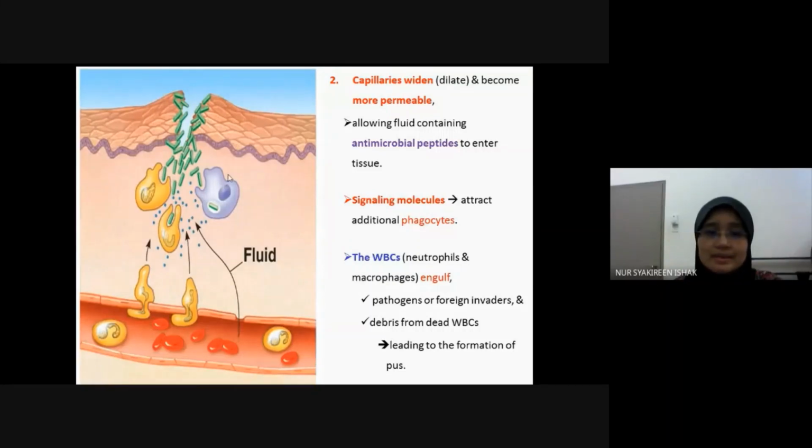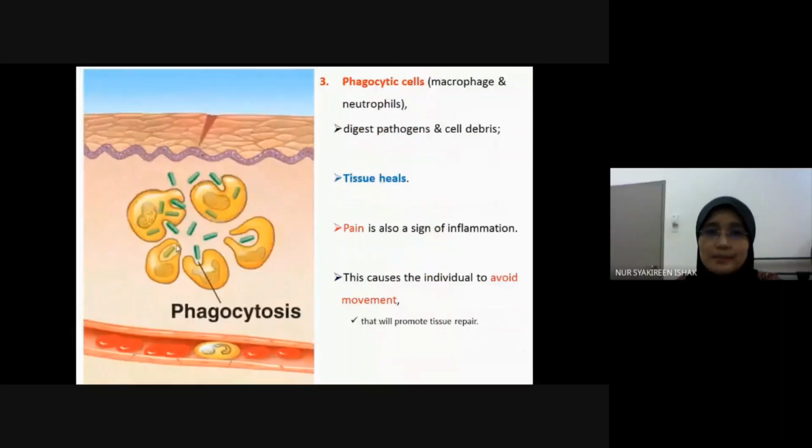So the white blood cells here, you have the macrophage, you have the neutrophil, will engulf the pathogen that tries to enter the body, and then you also have blood clotting elements that prevent the pathogen from spreading to other parts of the body. So they engulf the pathogen, and debris from dead white blood cells leads to the formation of pus. And then next, phagocytic cells, macrophages and neutrophils, ingest pathogens and cell debris, and the tissue heals.